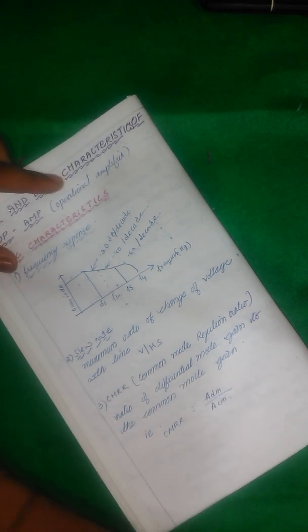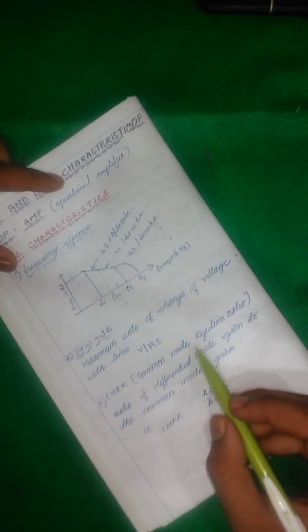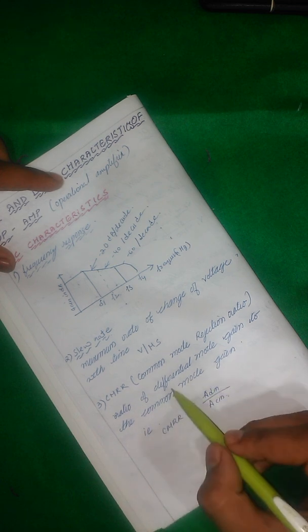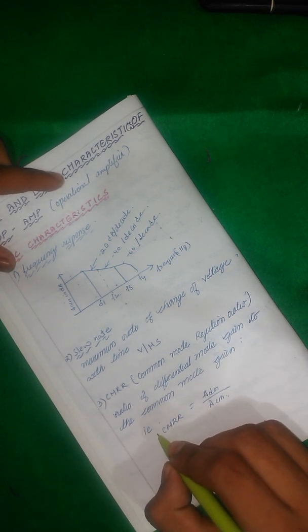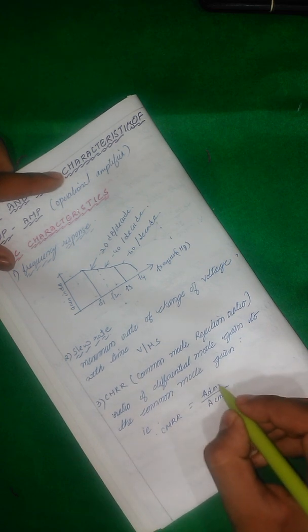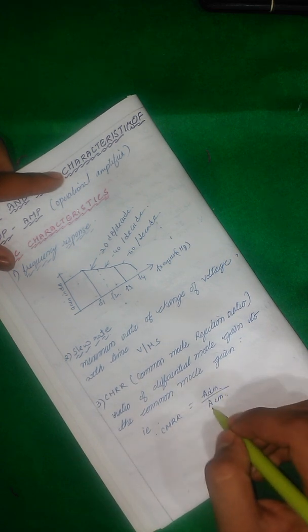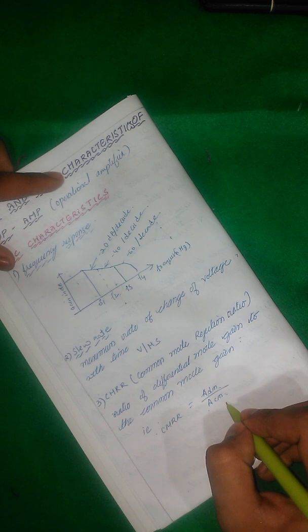So as we have seen, the common mode rejection ratio is the ratio of differential mode gain to the common mode gain, represented mathematically as A_DM by A_CM, where A_DM is the differential mode gain and A_CM is the gain of common mode.